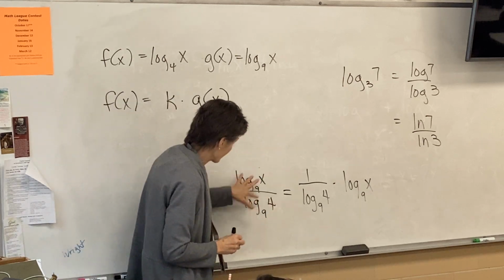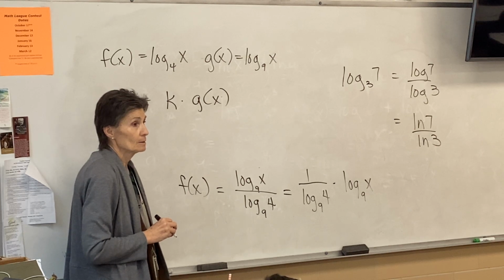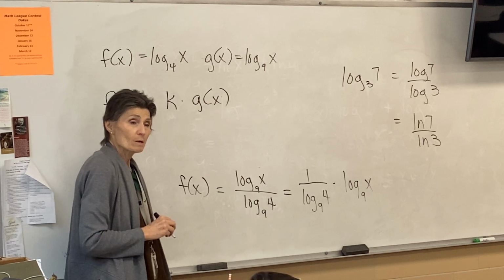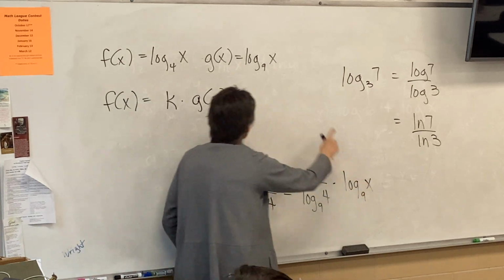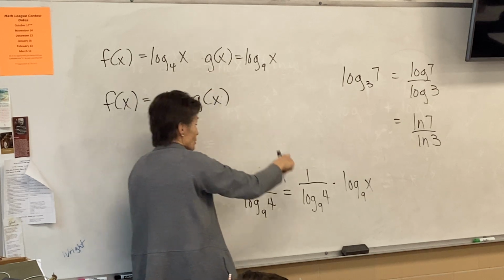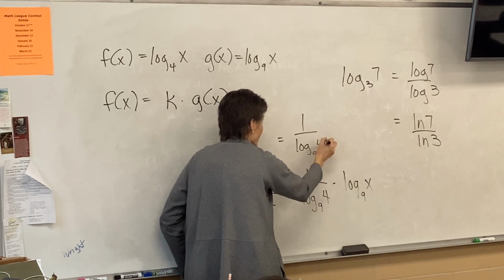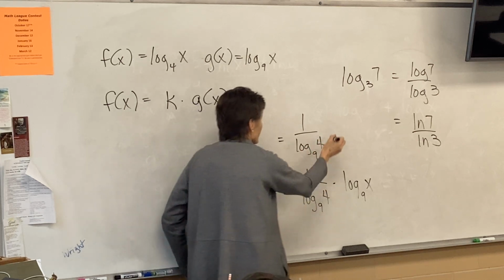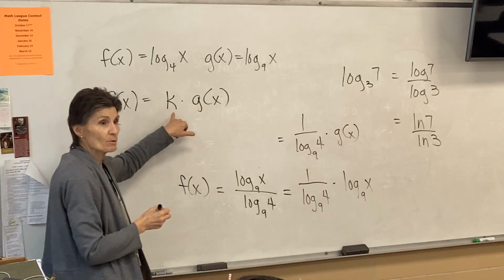Just separating this fraction. Now, what's the log base 9 of x? Isn't that g? So this says 1 over the log base 9 of 4 times g of x. Well, shoot, isn't that what I was supposed to do?